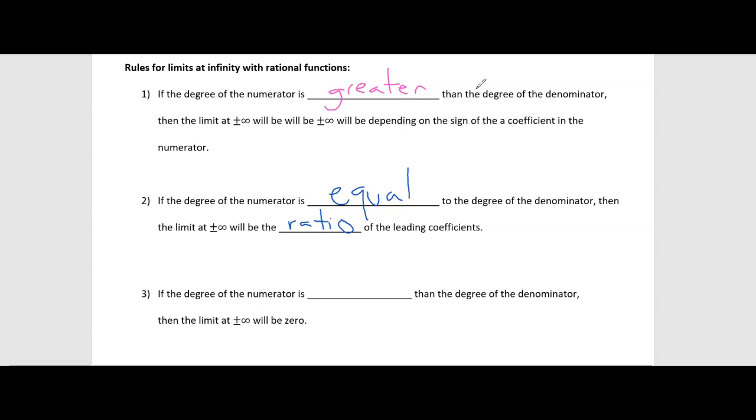If you want to pause the video, you can look back at example 2. The leading coefficient in the numerator was, I believe, -3, and the leading coefficient in the denominator was 4. So that's where that -3/4 came from.